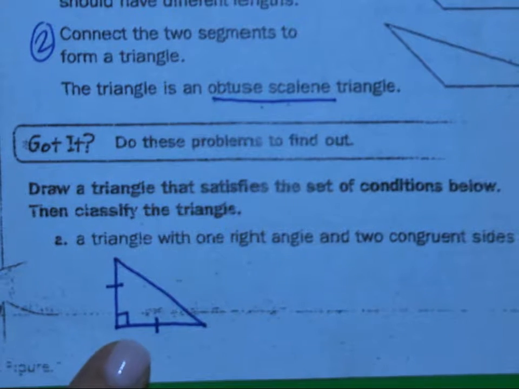So if I need to classify that, how would I classify it? Just try it. Isosceles. Okay, it's an isosceles, but what type of isosceles is it? Remember, we classify by its angle and by its sides. A right isosceles triangle.